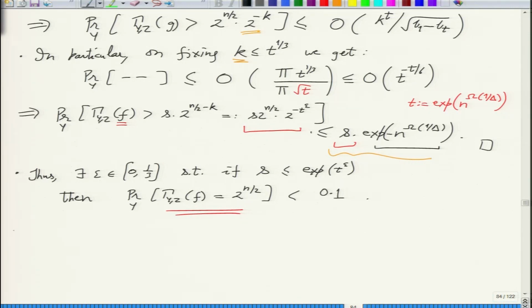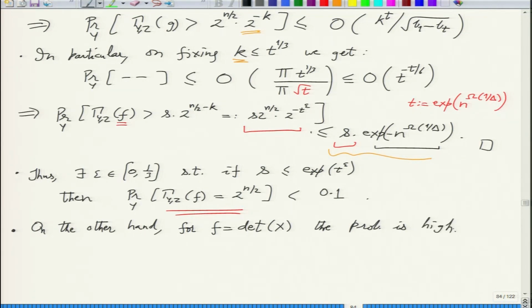So what should your F be now for the lower bound? Do you remember this probability for F equal to determinant? When F was determinant, then I think this probability was quite high. So on the other hand, which implies that F can compute determinant.